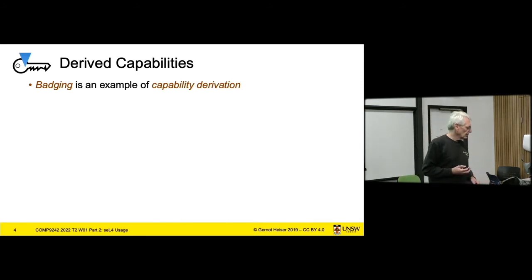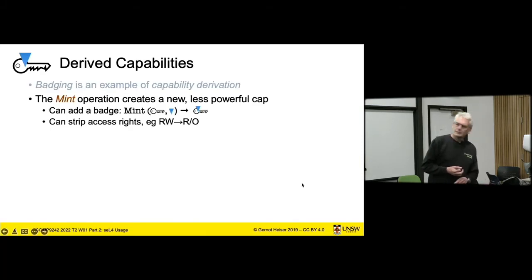But there's more than those. The mint operation is what does the badging, but it can do other things as well. In general, mint creates a new capability that's derived from the previous capability with generally lesser rights.